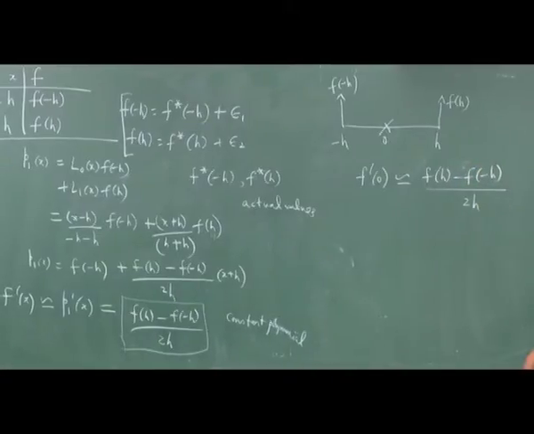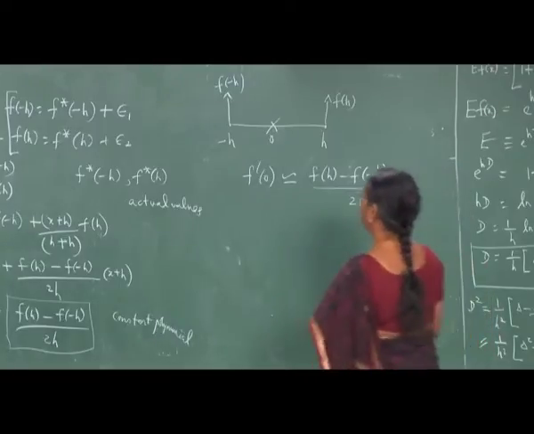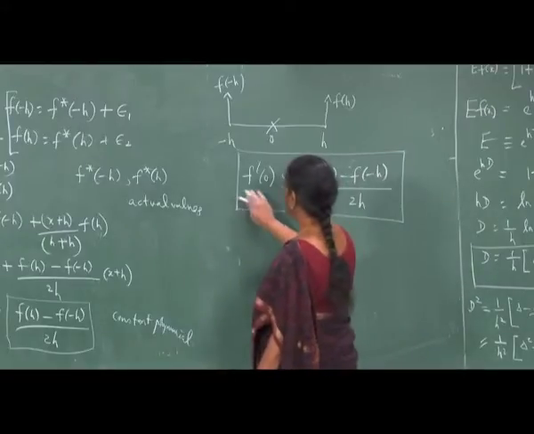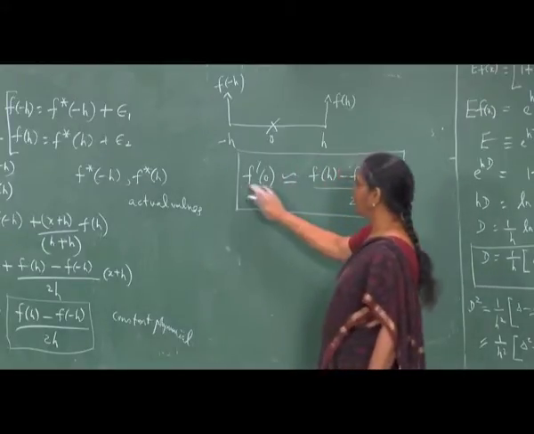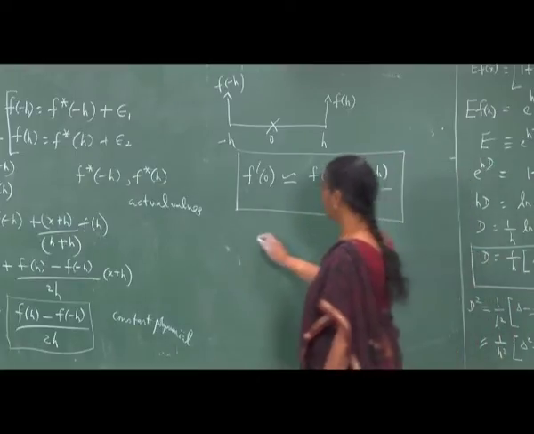So, what is it that you have got by performing differentiation? You essentially have a numerical differentiation formula that estimates the derivative of f at the point 0, which is this. So, let us see what it is.